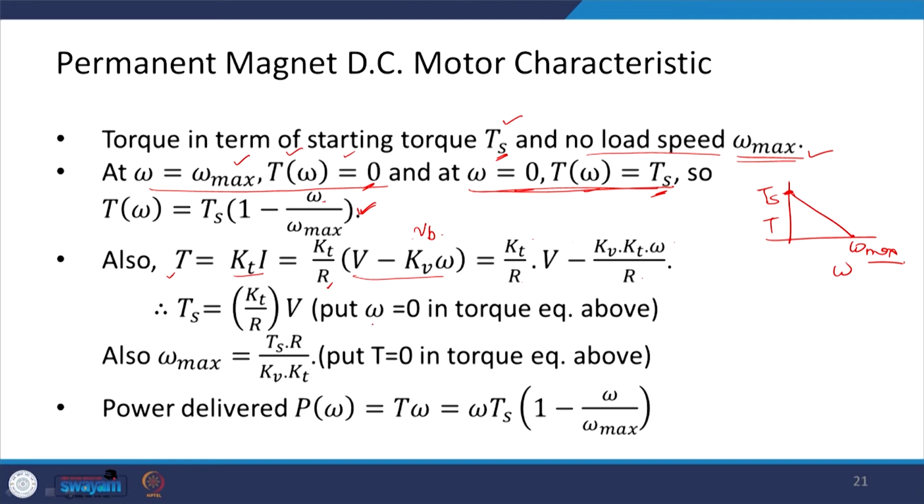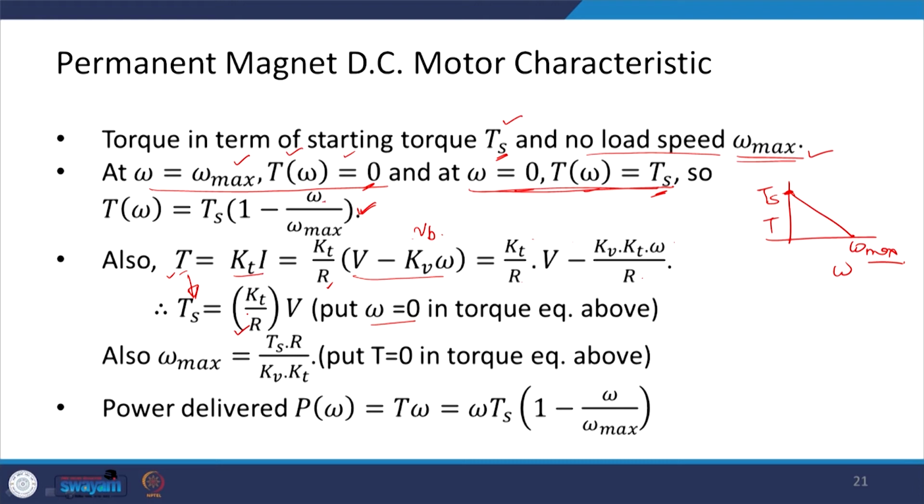If we put omega equal to 0 in this torque equation, then T is basically Ts at omega equal to 0, which is Kt into V by R.